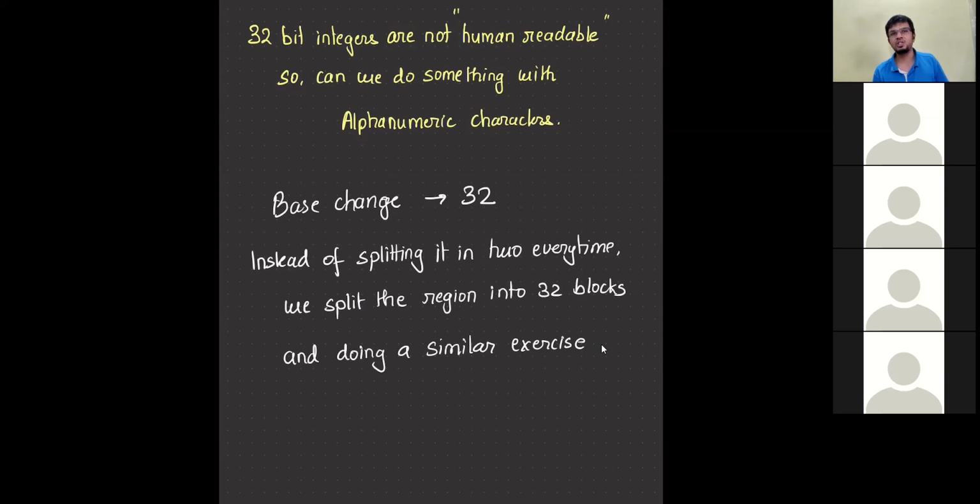The base is changed, so the base of your 32-bit integer is changed to 32. You take that integer and convert it into a base 32 number, similar to how we do an integer to hexadecimal conversion. So from base 10, you convert it to base 16 by using characters A to F as well. So 0 to 9 and A to F, correct.